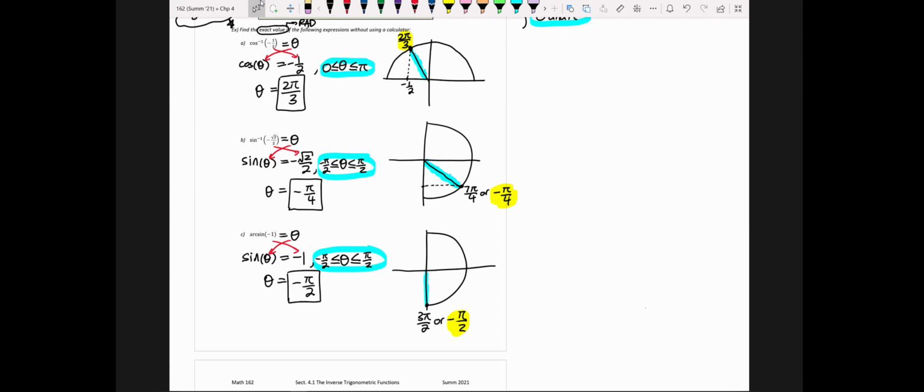And then from there, we need to find theta that satisfies the equation. Cosine theta is equal to negative 1/2. And that theta must be between 0 and pi because the restriction for inverse cosine is between 0 and pi.